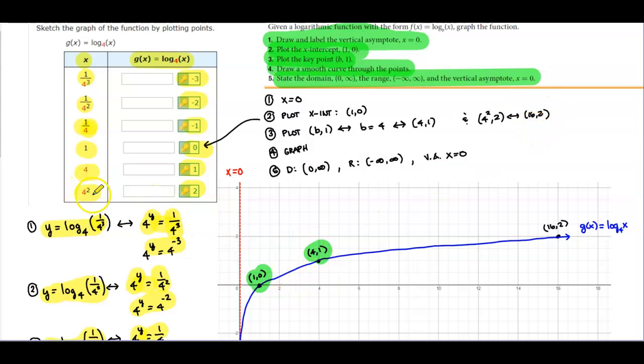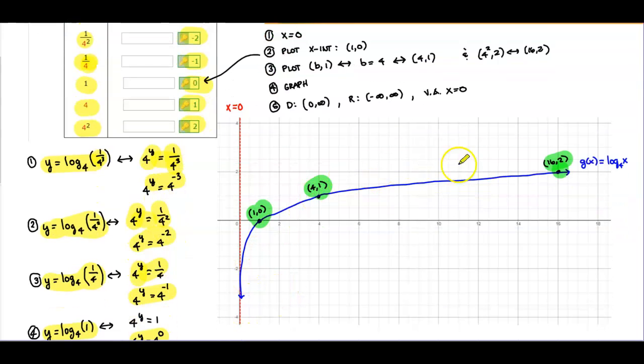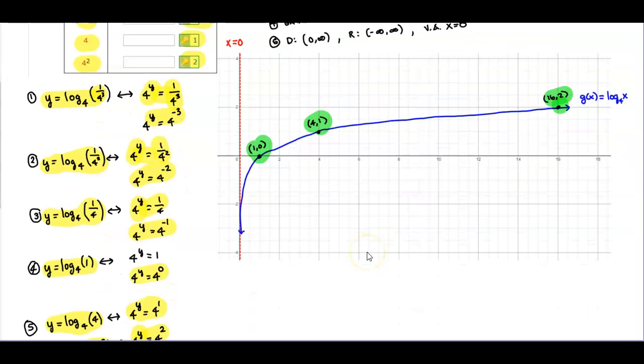Down here we had 4 squared, which was the x value, and the y value was 2. Well, 4 squared is the same thing as 16, comma 2. So we go ahead and we graph that, so that's a third point. And then now we can graph. So we graph and we get our logarithmic function.